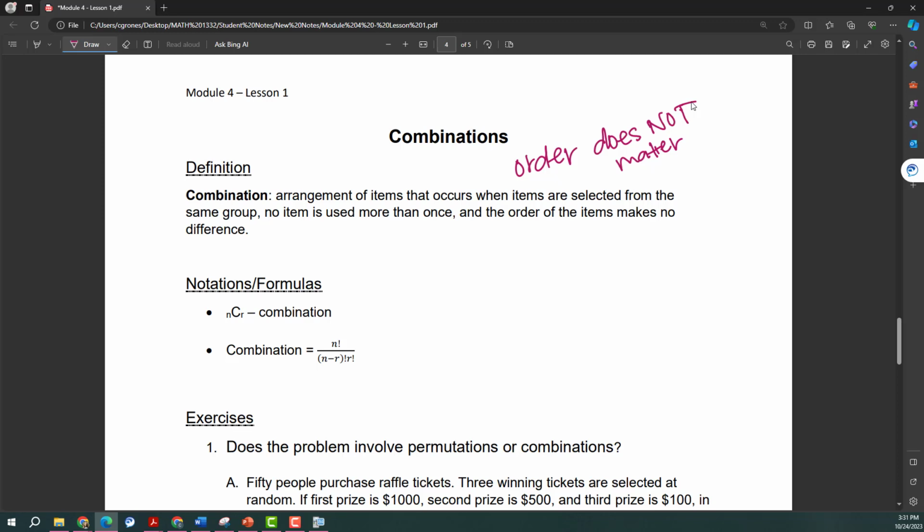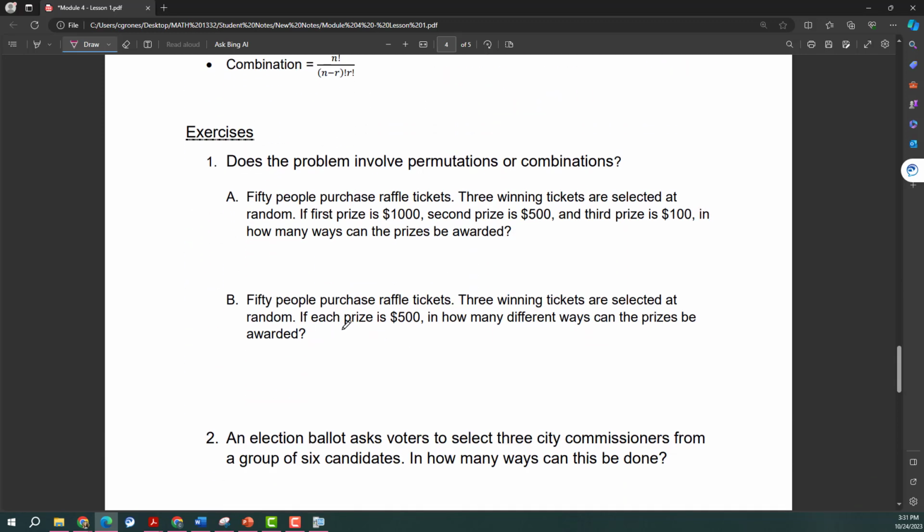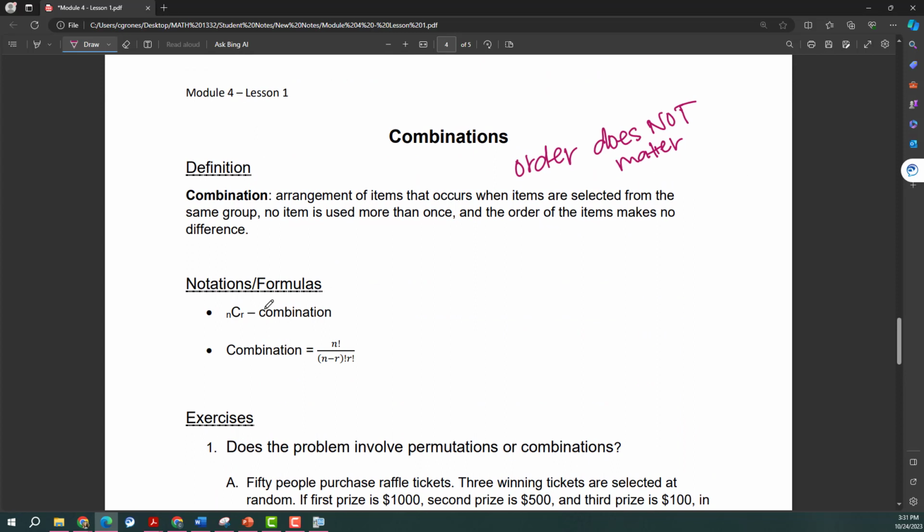So it doesn't matter if you are chosen first or you're chosen fifth, you still get picked, then it's a combination. So stuff like lotteries or the first exercise where you have 3 winners all that have the same prize. It doesn't matter if you're chosen first or third, you still get picked. So that is a combination. So we'll use the nCr formula for the combinations.